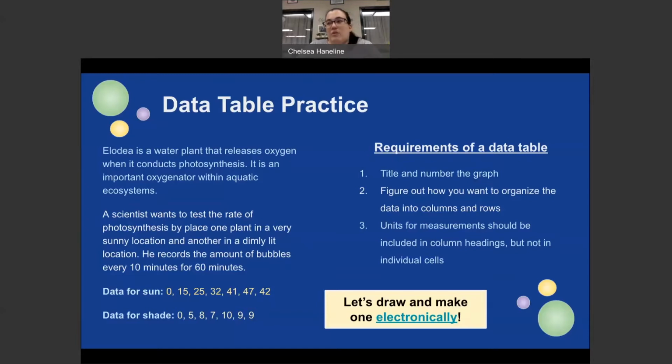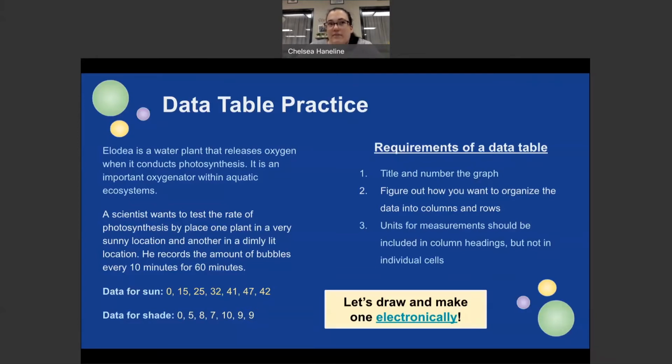So when we are making a data table and then a graph, we want to make sure that there's a title and that you number it. If it's the first one that you're making, it would be number 1. And you want to figure out how to organize the information so it makes sense into rows and columns.